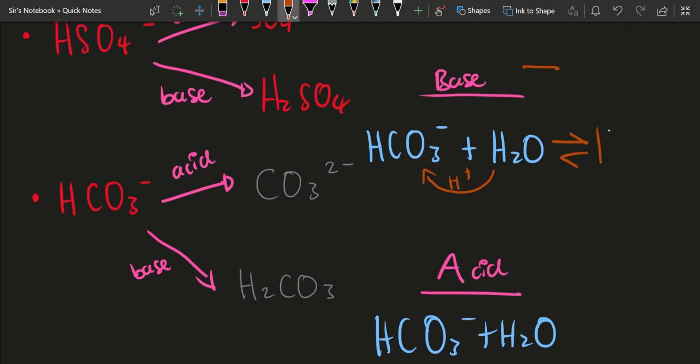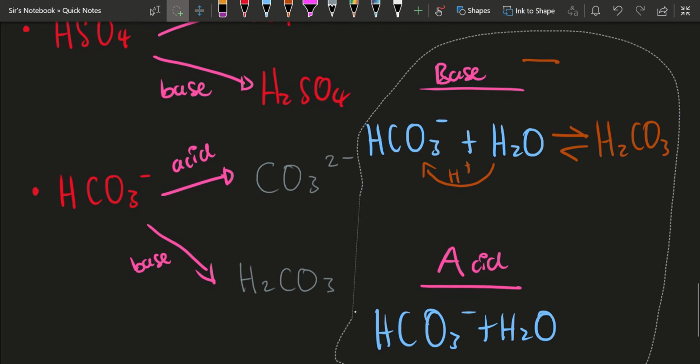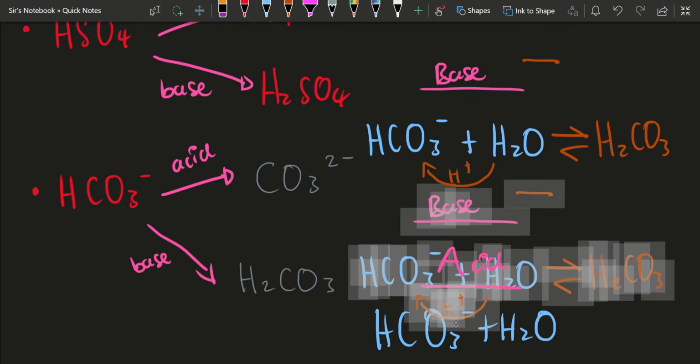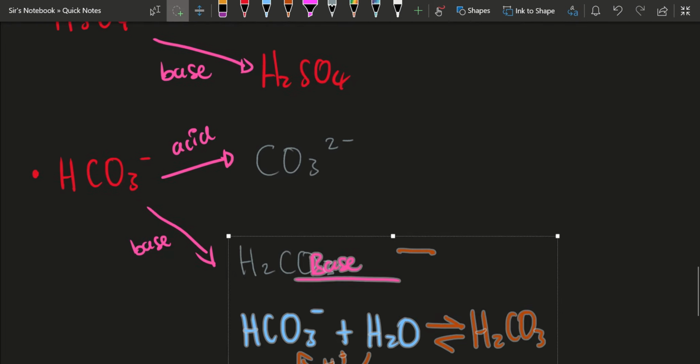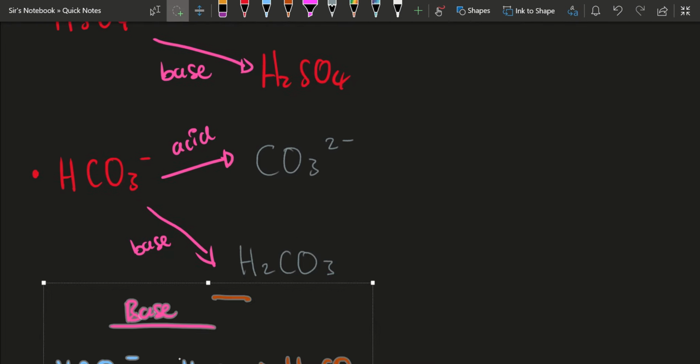Therefore, we're going to have H2CO3, right? I'm just going to write this underneath, since I don't have space. Okay, cool.